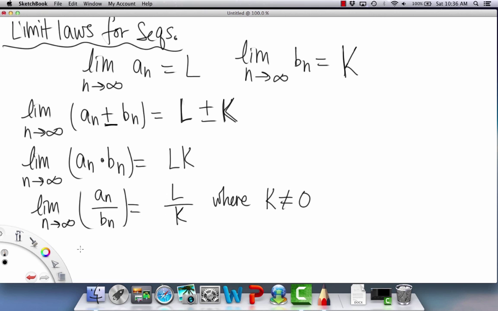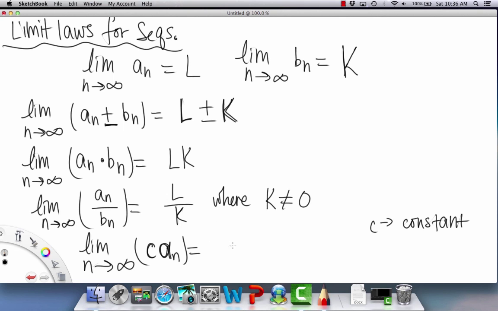And then the last one, the limit as n goes to infinity. Now we're going to introduce a different letter here: c times one of the sequences, where c is a constant. So that's just some number.